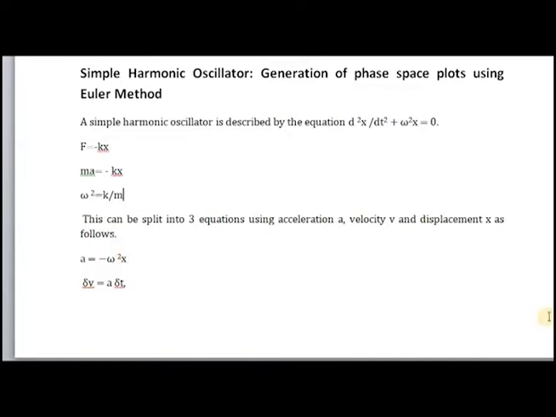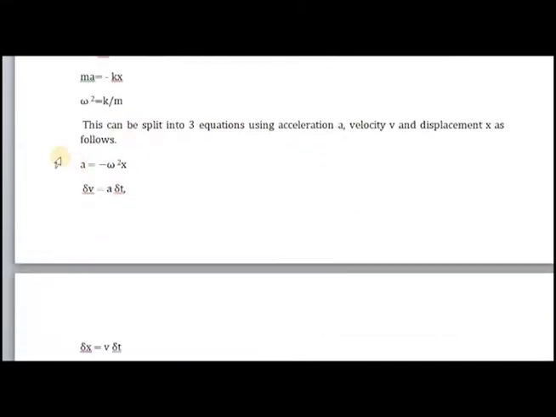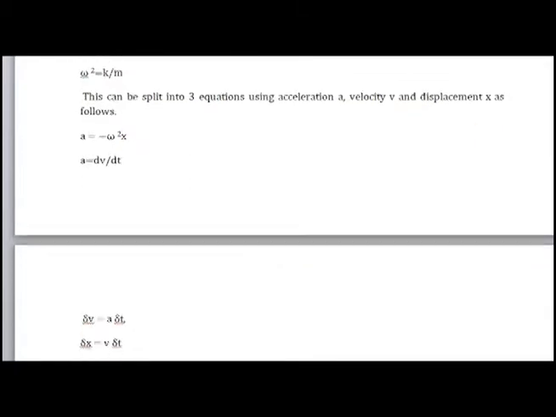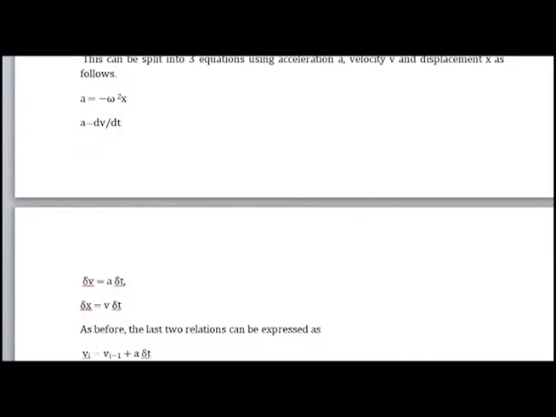Okay, this is the equation for acceleration, and acceleration is basically dv by dt, or I can write it as delta v is equal to a delta t, and similarly delta x is equal to v delta t in a similar manner.